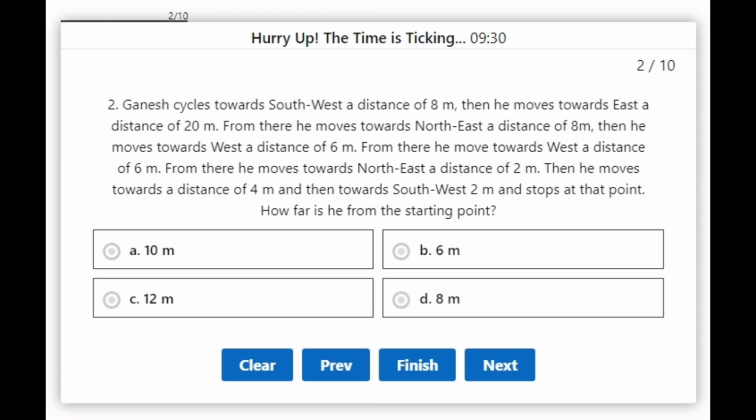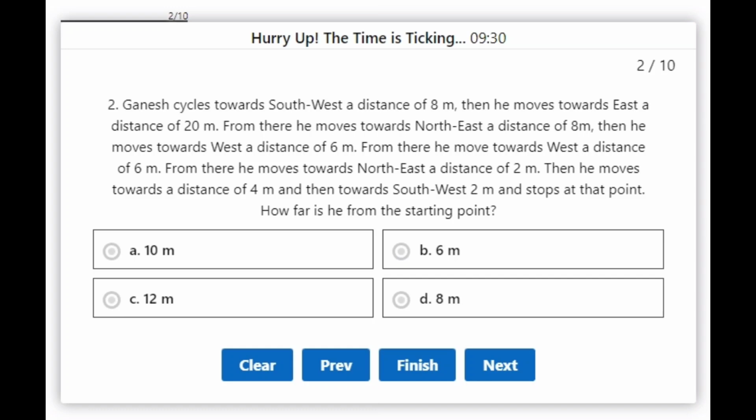Our next question is: Ganesh cycled towards southwest a distance of 8 meters. Then he moves towards east a distance of 20 meters. From there he moves towards northeast a distance of 8 meters. Then he moved towards west a distance of 6 meters. From there he moved towards west a distance of 6 meters.